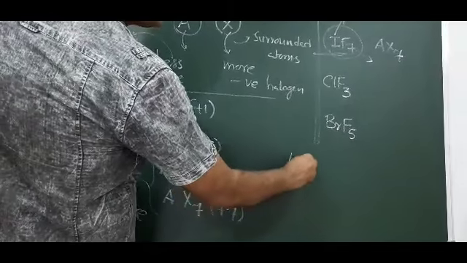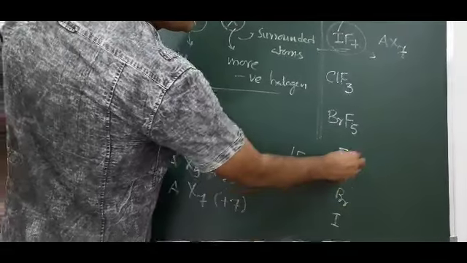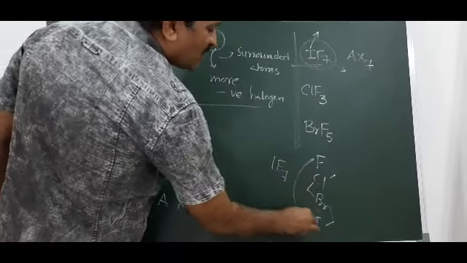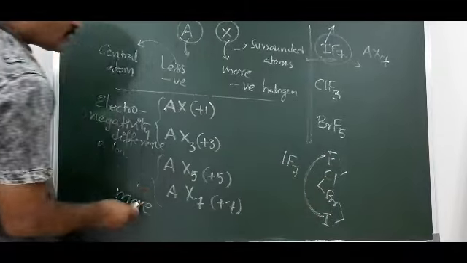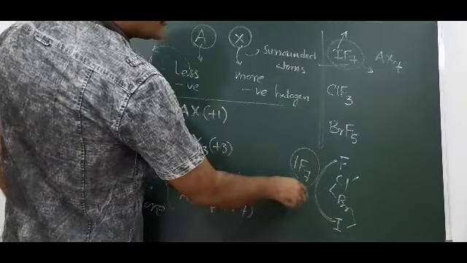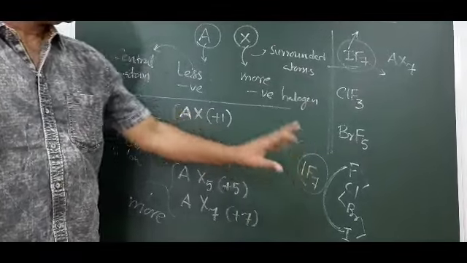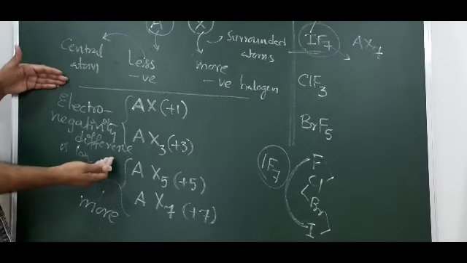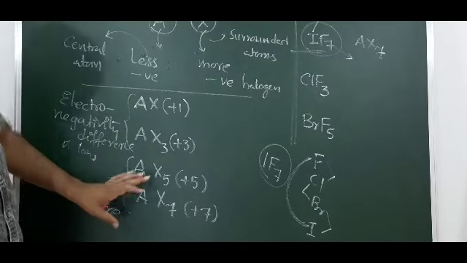Among fluorine, chlorine, bromine and iodine, the adjacent atoms have less electronegativity difference. But atoms separated by two or more atoms have more electronegativity difference. Such molecules form either AX5 or AX7. So IF7 is of the AX7 class due to the larger electronegativity difference. Right students, AX and AX3 type interhalogens are formed due to lower electronegativity difference, and AX5 and AX7 are formed due to higher electronegativity difference.